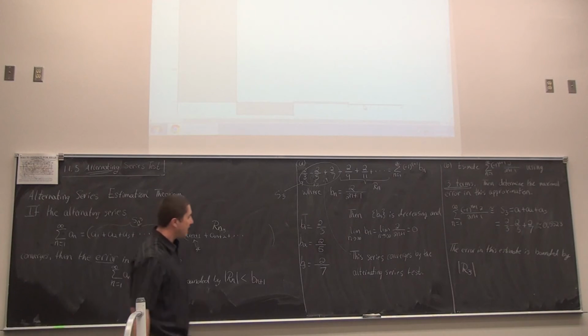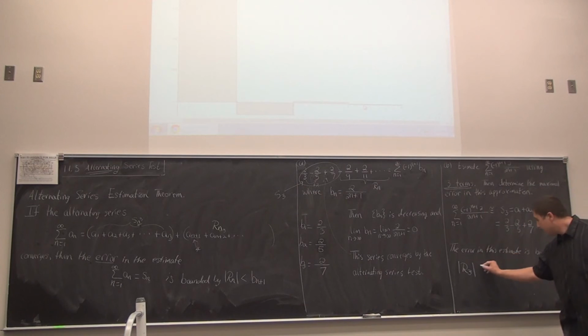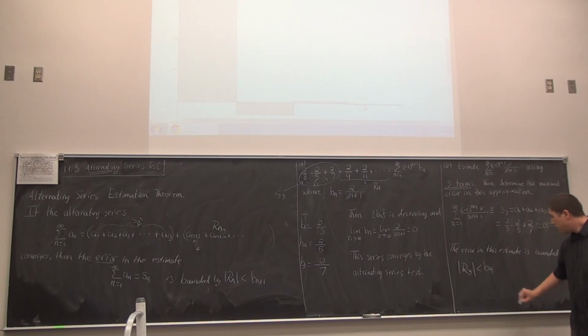So we want to say, the error in this estimate is bounded by R3, and this is always less than B4. So that's our estimate. Rn has to be less than Bn plus 1 down below. So that's referring to the 4th term, which would be some negative quantity for us. So it's always less than the absolute value of B4, which is equal to B4.